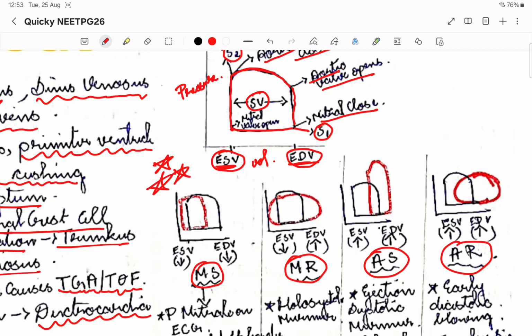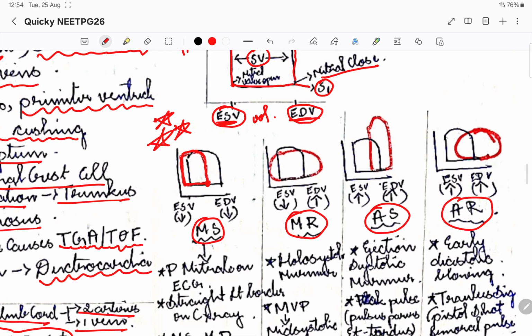In the atria the blood is there, but in the ventricle there is no blood, so end diastolic volume will be low. Then the cycle occurs again and stroke volume will also be low, because the amount of blood present in the ventricle is already low, and it pushes out lesser blood as compared to normal. This is called mitral stenosis.